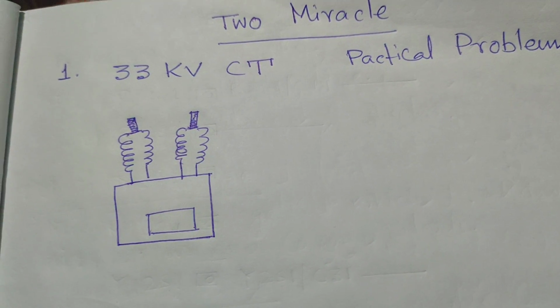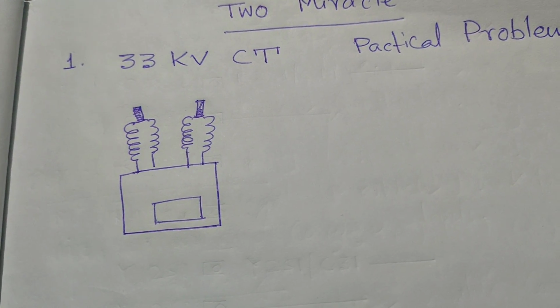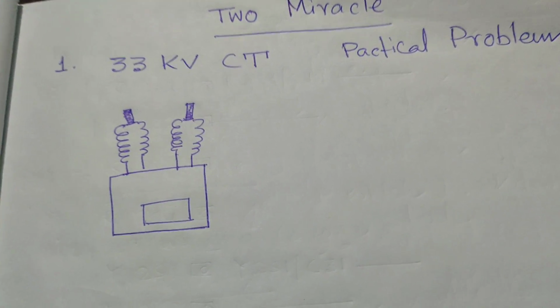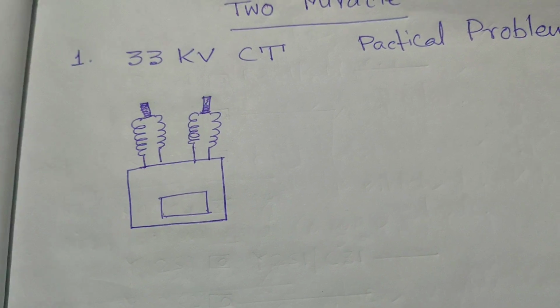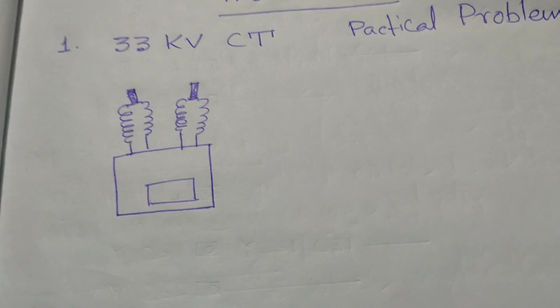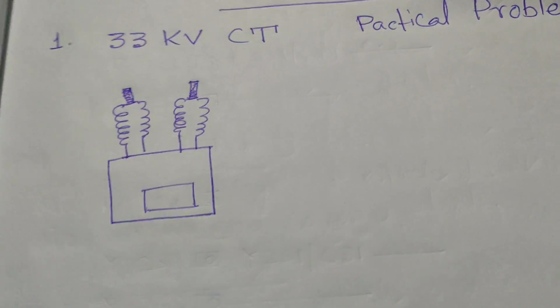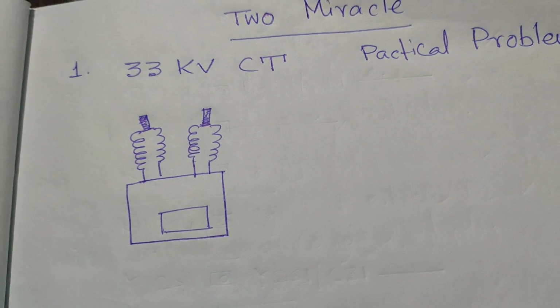So we measured on the current transformers, and we found that the current transformers' inside part had been damaged. We could not see anything flashing or punctured on the outside part of the CT.